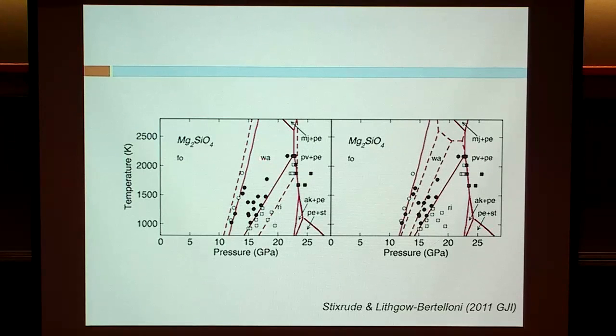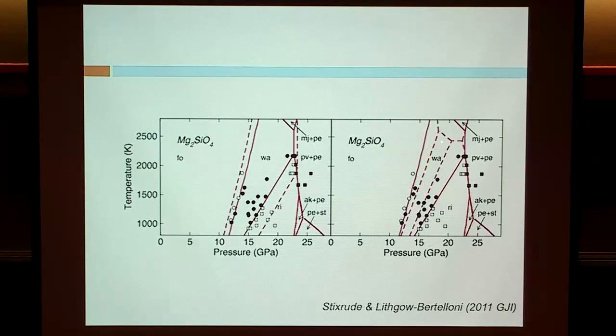Or 1 or a few kilojoules per mole, I can't remember now. Make it more stable. That'll expand the Wadsleyite stability field out to these dashed lines, right? And so this gives you an idea of the uncertainty in that reference free energy.